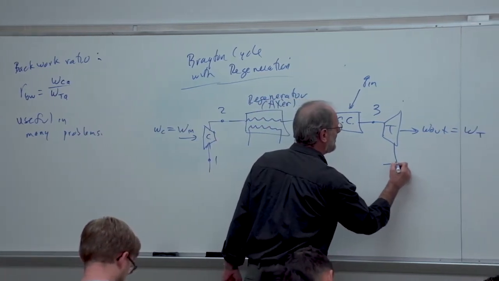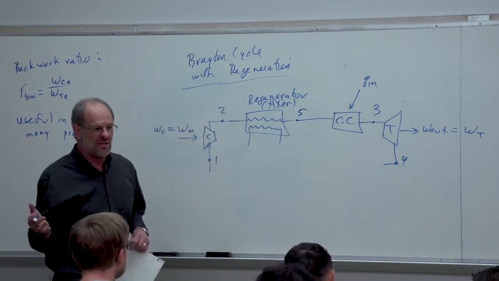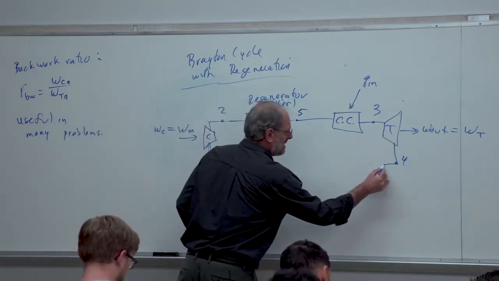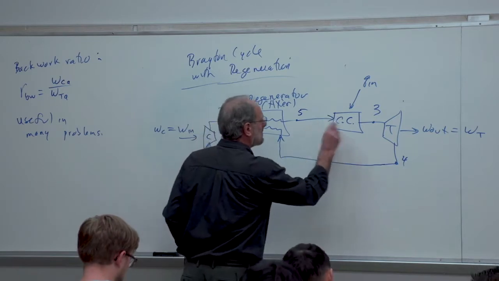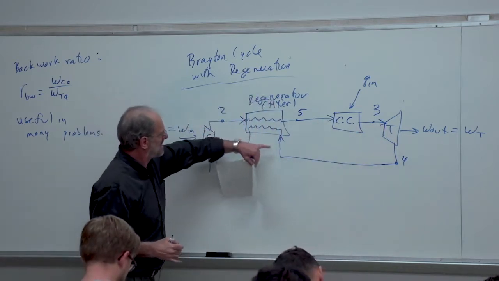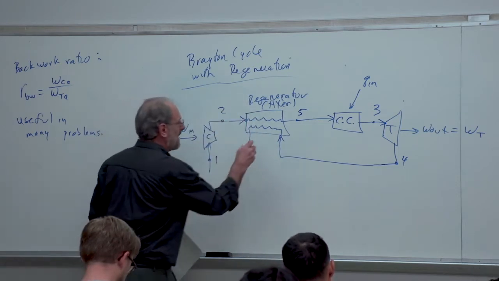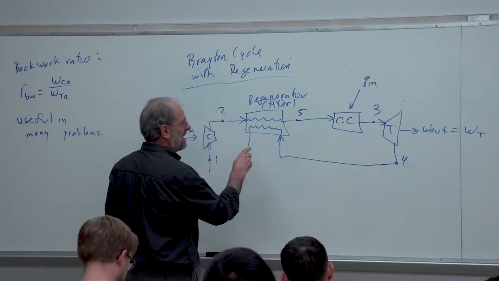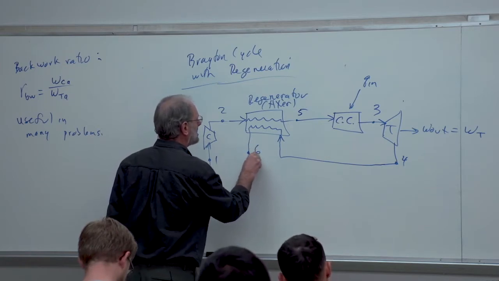We leave the turbine at point 4. And again, instead of just dumping this heat into the environment through the heat rejection process, let's recover that heat. Let's bring it into the regenerator and take some of the heat out of the exhaust gas and dump it into the incoming air. So we now come out of the regenerator here, and we've now dropped down to a new exit temperature.